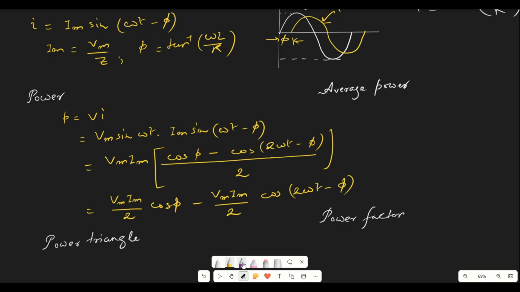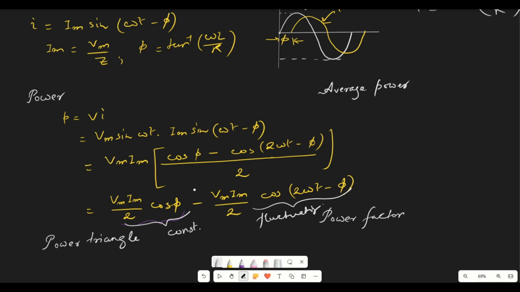Now here we have this component as a fixed value, since we have a fixed value for phi, and Vm and Im are also fixed values, so that is why this is the constant term, and this term represents a fluctuating component.